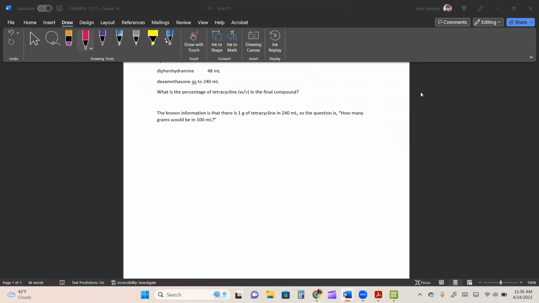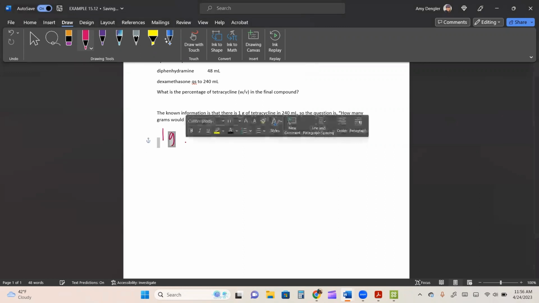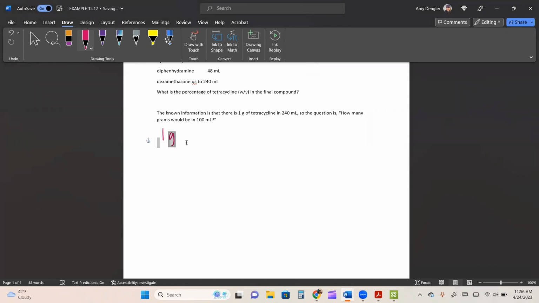Okay, so the known information is that there's 1 gram of tetracycline in 240 ml, and we want to know how much is in 100 ml. So we'll do 240x is equal to 1 times 100, which we know is 100. So I'm just going to save that step.